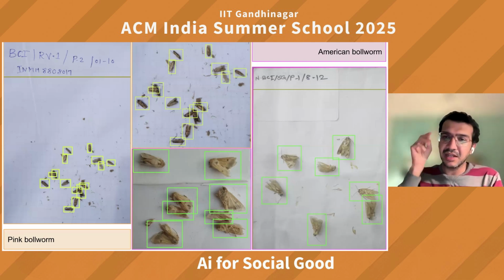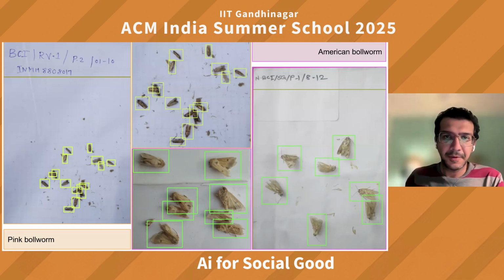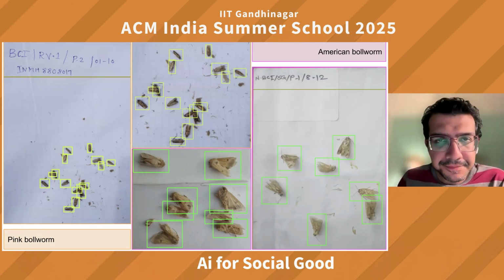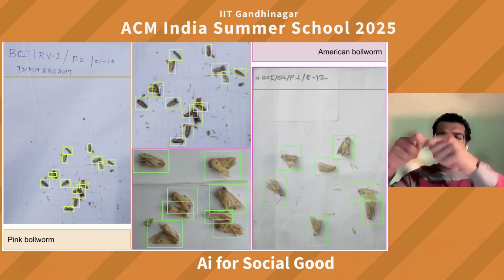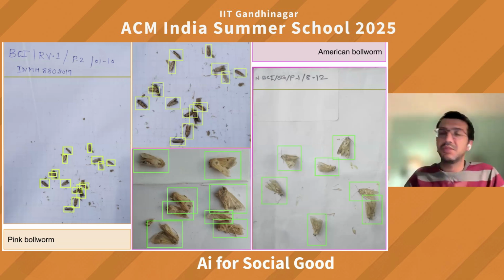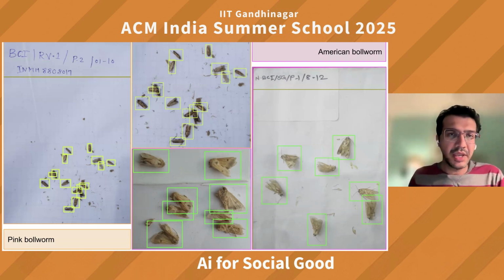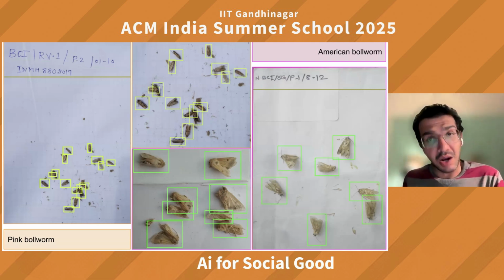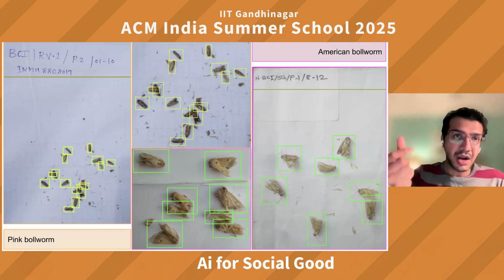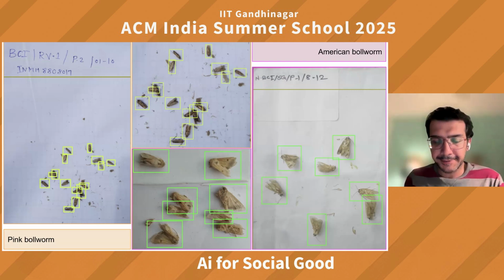One is the scale is a problem. Two, sometimes these are broken pests. So the leg is dismembered or the wing is on the other side. Now, how do you do the count, right? And count is very, very critical. So this way, it's a somewhat challenging object counting, object detection problem.